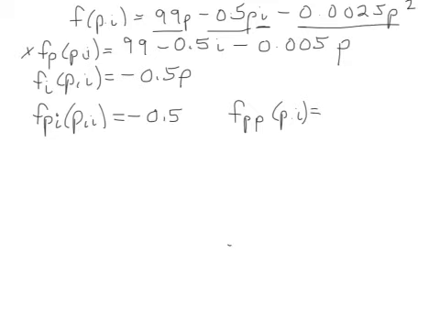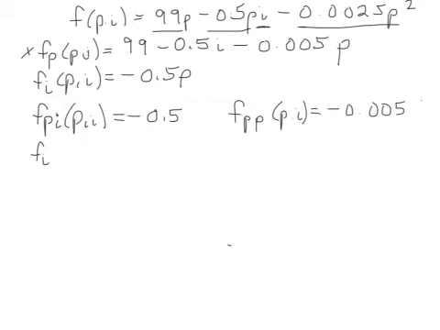Negative 0.5 I, there's no p in there, so that's just a constant, derivative is 0. And then we have the third term, negative 0.005 p, and the derivative of that is just negative 0.005.